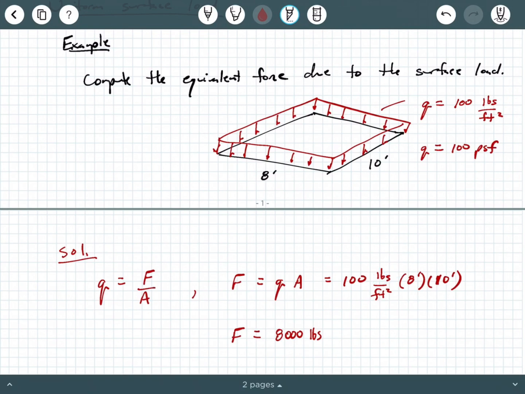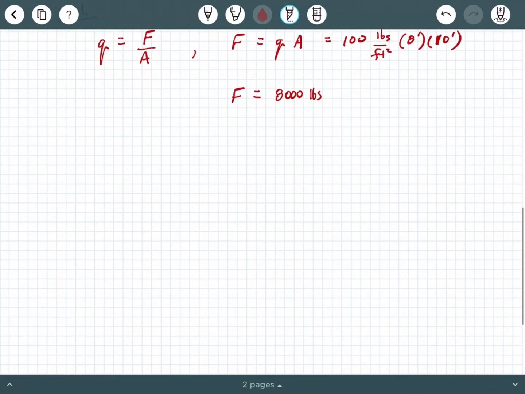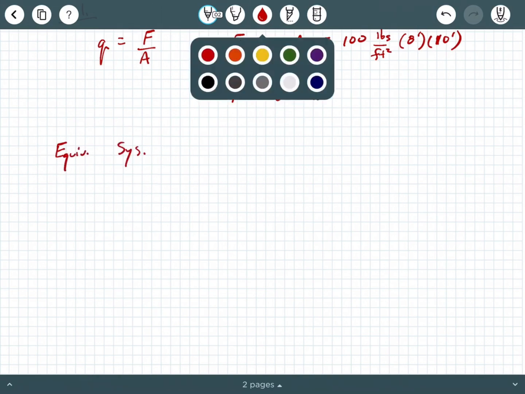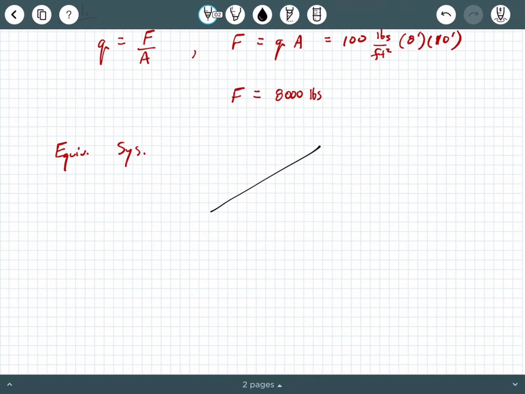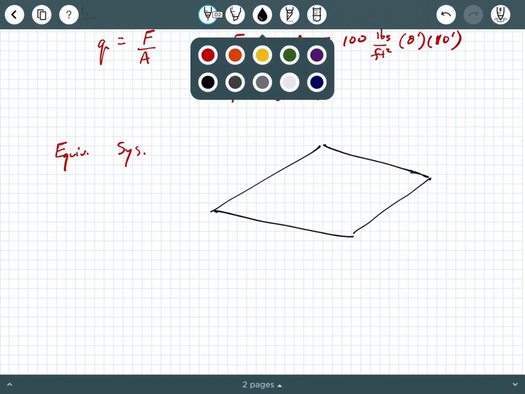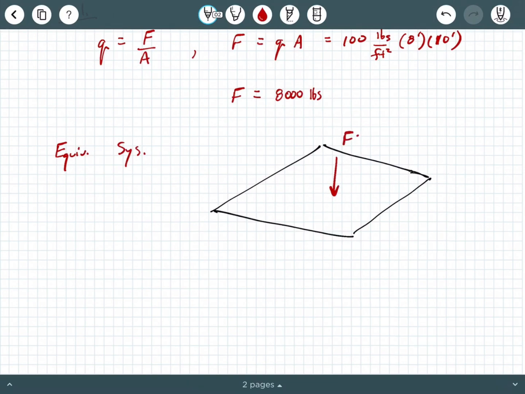Now, my question, even though I didn't explicitly ask this in the example, where do you think this is located? Well, if you have a uniform distributed load, it's located right smack dab in the middle. So the equivalent system would look a lot like this. We have our area here, and then here's your F equals 8,000 pounds.